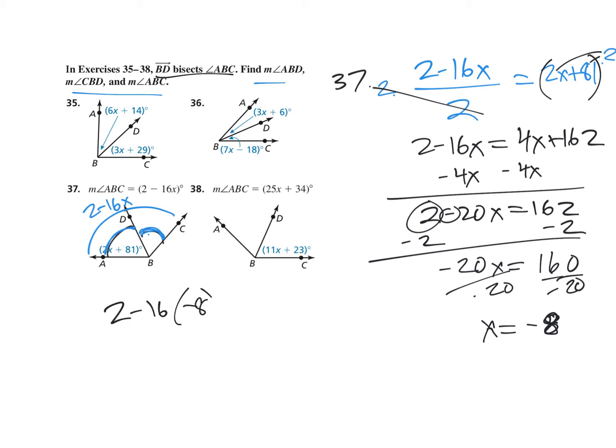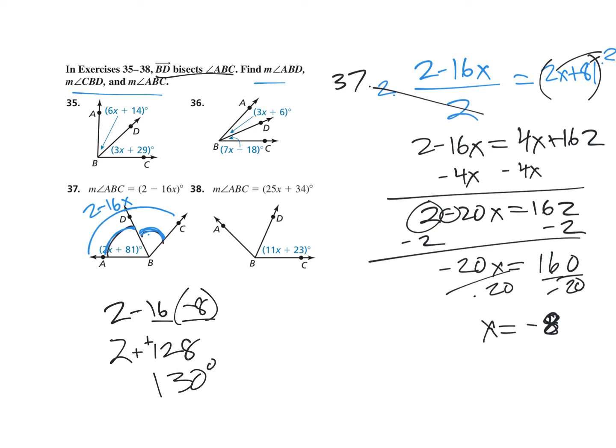times negative 8. So 16 times negative 8 is going to be a negative 128. So minus 2 minus 16 times negative 8 is a negative 128. So change, that's 130. So the whole thing's 130 degrees.